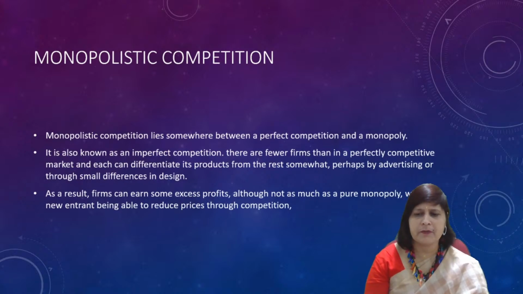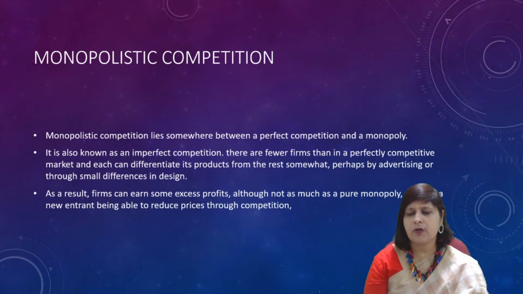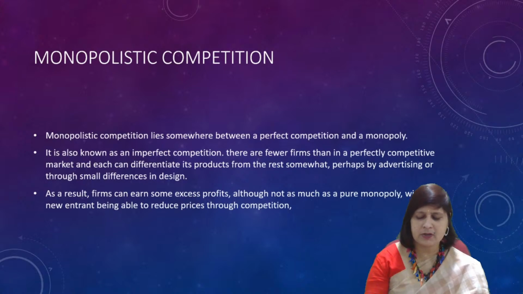There are fewer firms than in a perfectly competitive market, and each can differentiate its product from the rest, perhaps by advertisements or through small differences in design. As a result, firms can earn some extra profit, although not as much as a pure monopoly, without a new entrant being able to reduce price through competition, right?